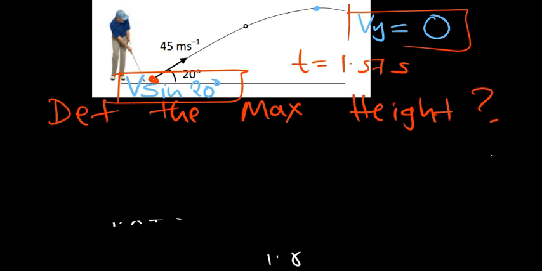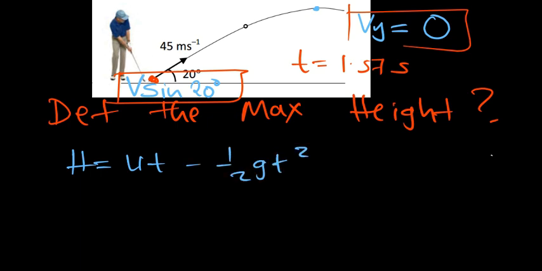So how is this time going to help us determine now the height? Okay, so you can now go back to the most important equation, which I've already given you, where I said the height is equal to ut minus half at squared. So ut minus half, in this case gt squared. Now when you're dealing with the y direction, the initial velocity, remember we said is what?